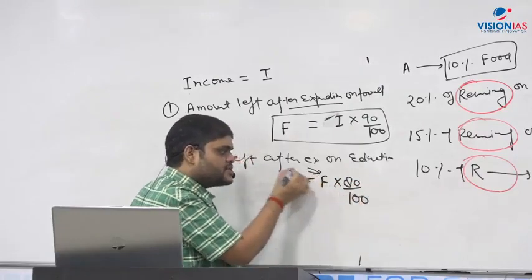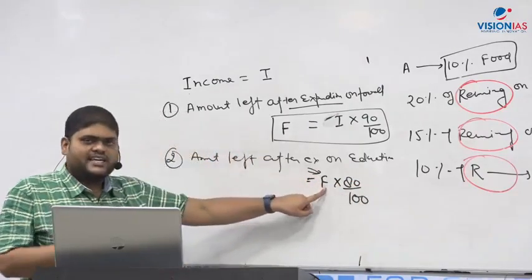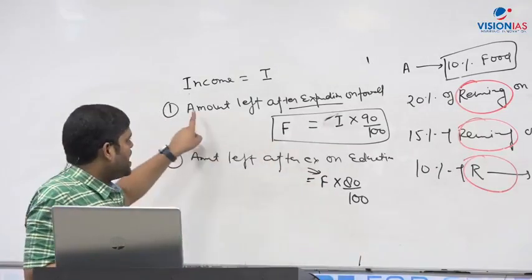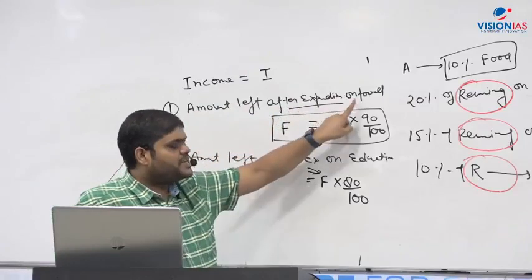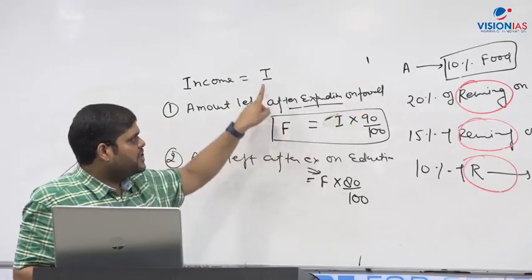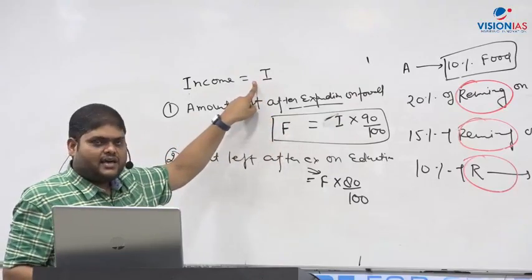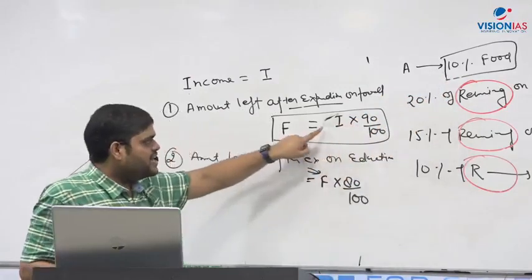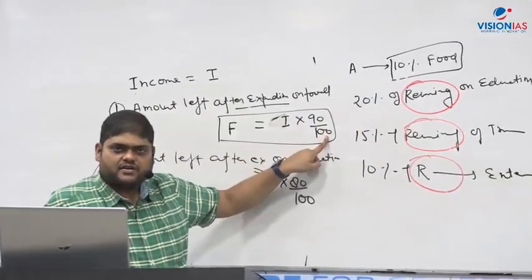And this is where a student faces a problem. So understand this thing, I'm repeating. Amount left after expenditure on food is, suppose, F. So if income was I, and you use 10% on food, 90% is left.